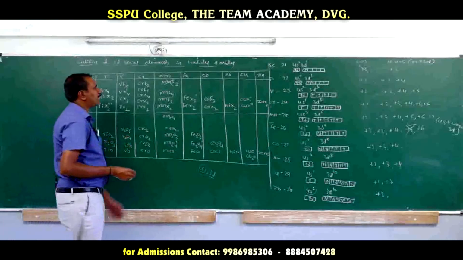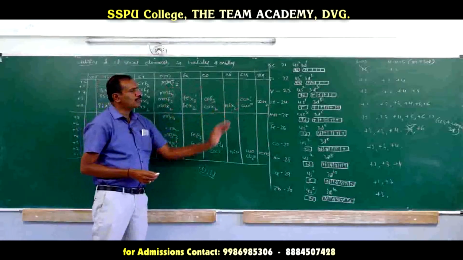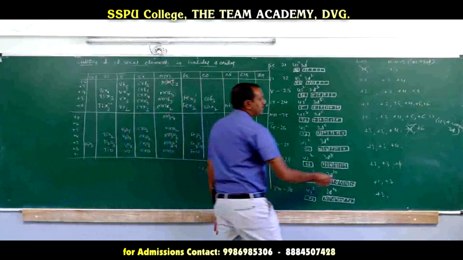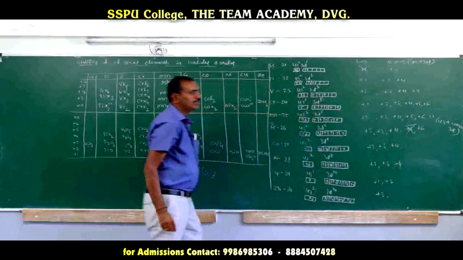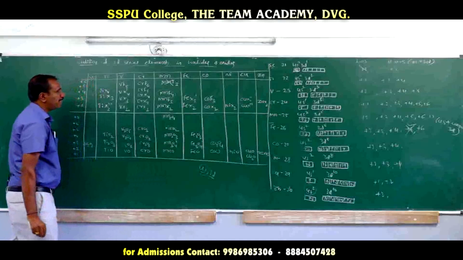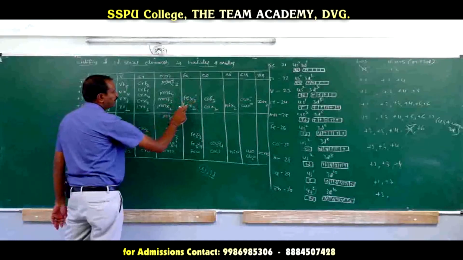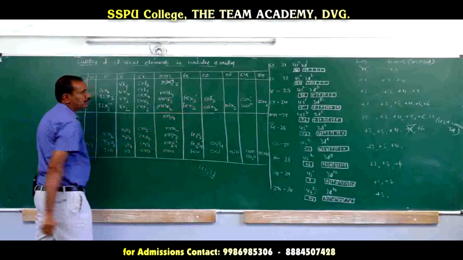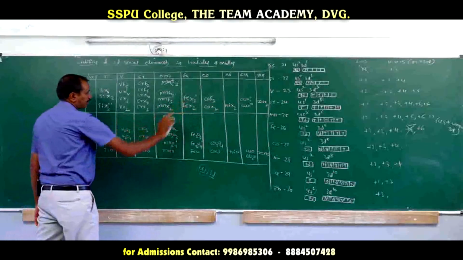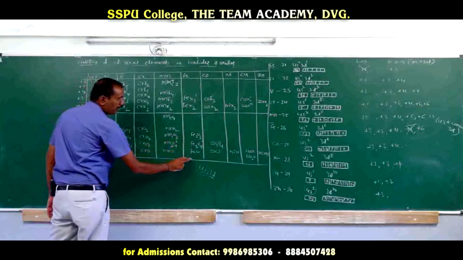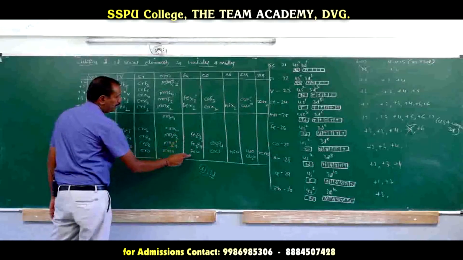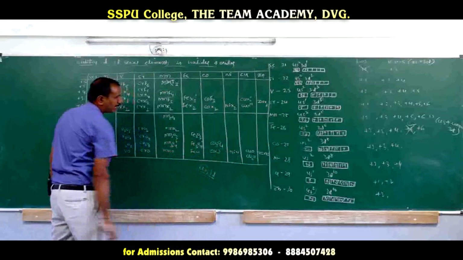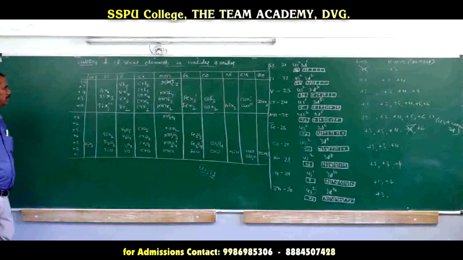Then from manganese onwards, the higher oxidation state may go up to plus 6, plus 5, plus 4, but the more stable state is up to plus 3 only, that is from iron onwards, maximum up to plus 3. Here also we can go for oxides of those metals, maximum up to plus 3 state.